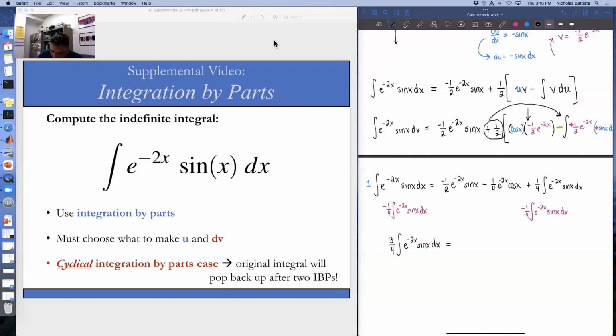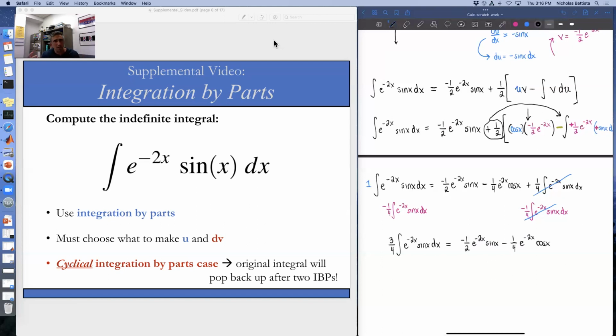On the right-hand side, if we have 1/4 times that integral minus 1/4 times that integral, those two things just cancel out, just like doing some standard algebra. So on the right-hand side, what's left is a minus 1/2 e to the minus 2x sine of x minus 1/4 e to the minus 2x cosine of x.